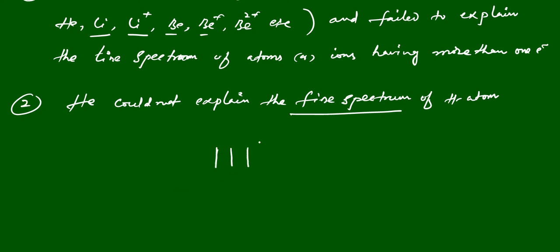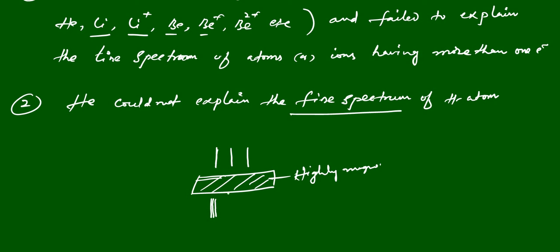But if we see these lines using a highly magnified, very sensitive spectroscope, then they observed that each line contains a huge number of fine lines, means further splitting of these lines, like double lines, triple lines, doublets, triplets, when they recorded the spectrum using a highly magnified spectroscope.